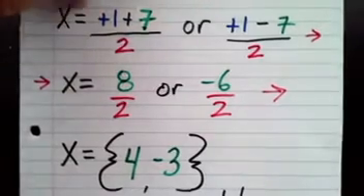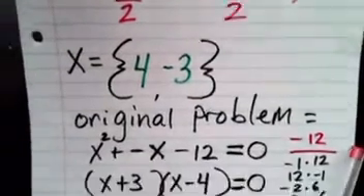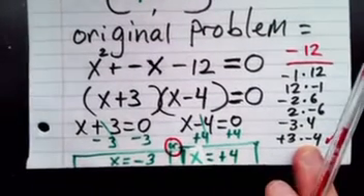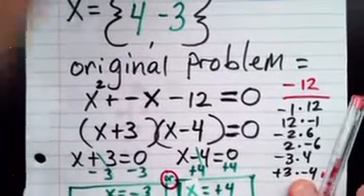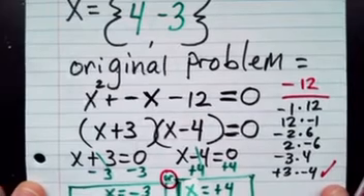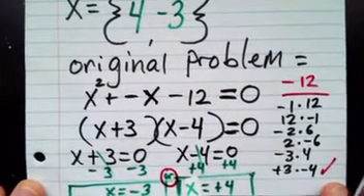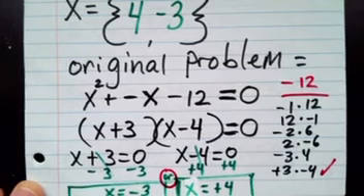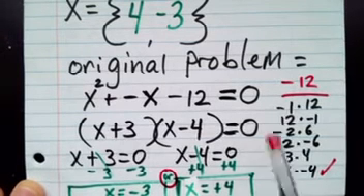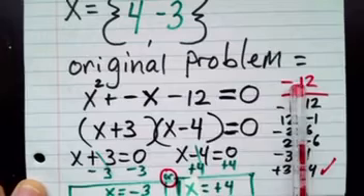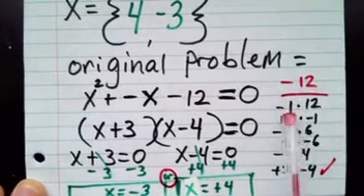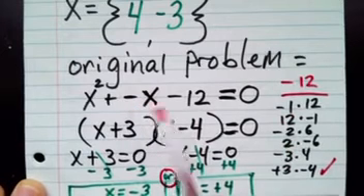Now let's check our answers. We have x equals 4 and x equals negative 3. One at a time, we're going to substitute 4 and negative 3 into the original equation. As you can see, if you would have factored normally, you would have looked for two numbers that multiply to negative 12 and add up to negative 1.